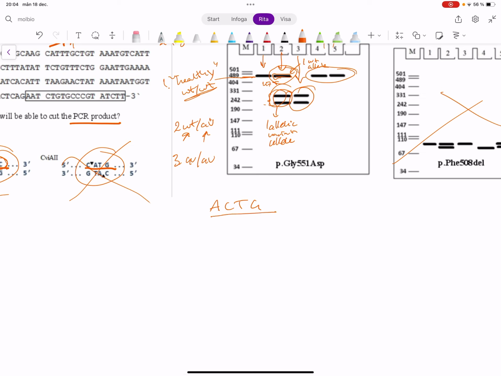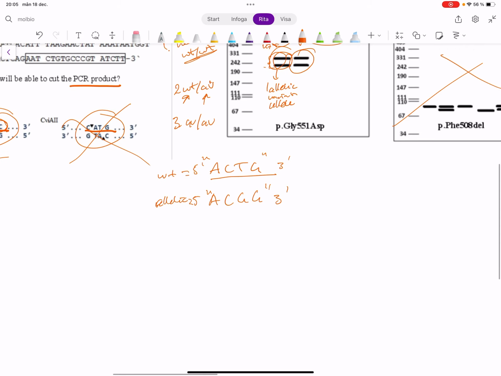So a healthy person would have the ACTG sequence, but a person with an allelic variant would have, for example, ACGG. And this ACTG would be wild type.